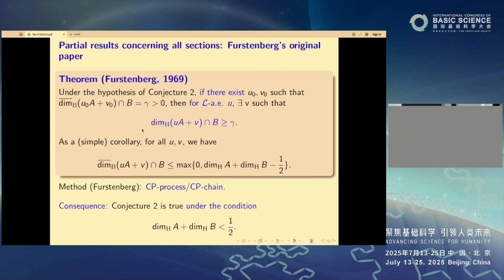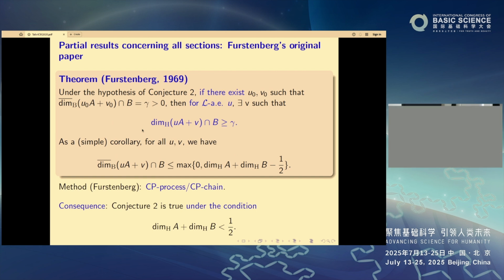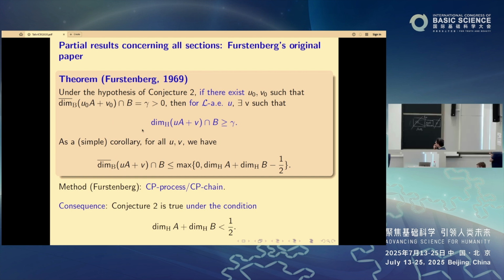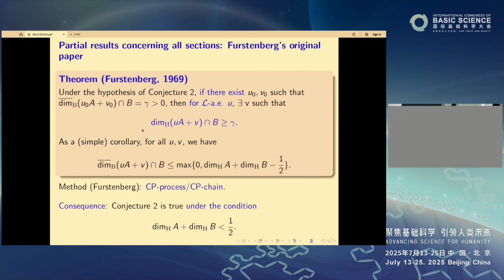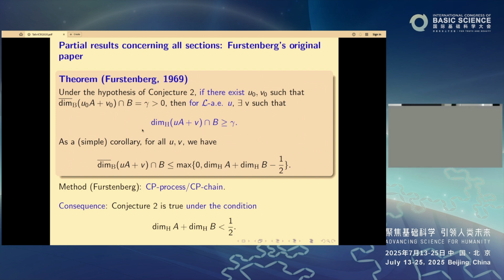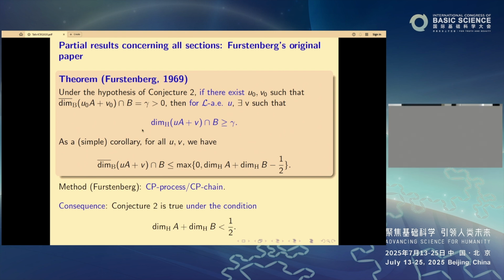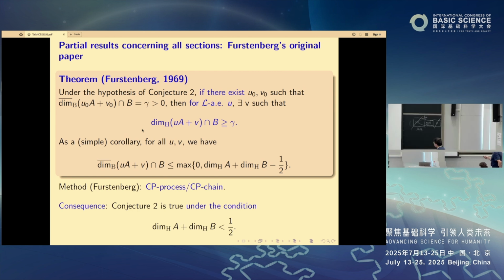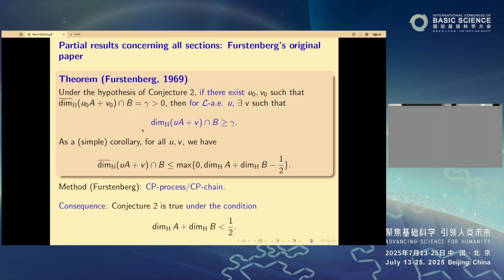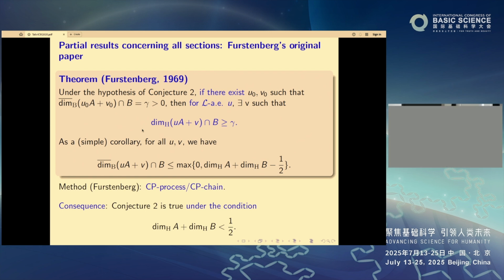Anyway, the approach I just described is due to Fürstenberg, and it was quite an original idea. As an easy corollary of his results, if you initially have a slice with positive dimension gamma, then for almost every direction there is a slice with dimension gamma.